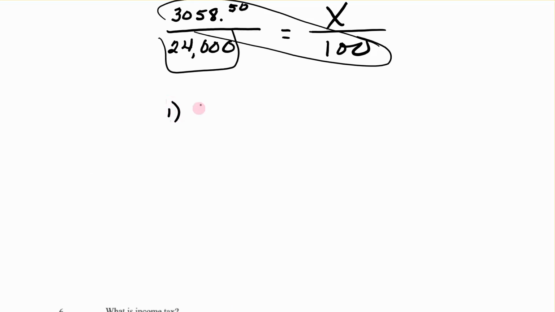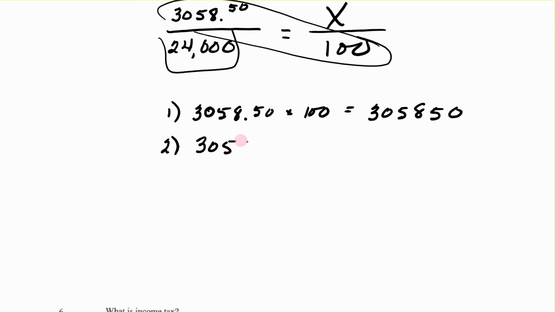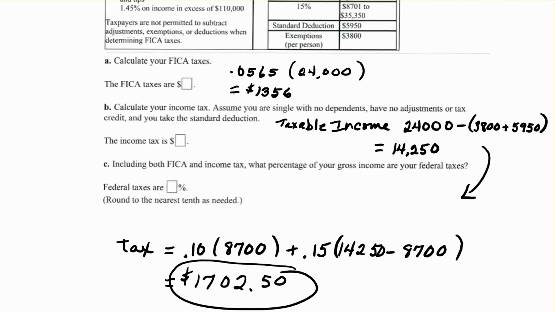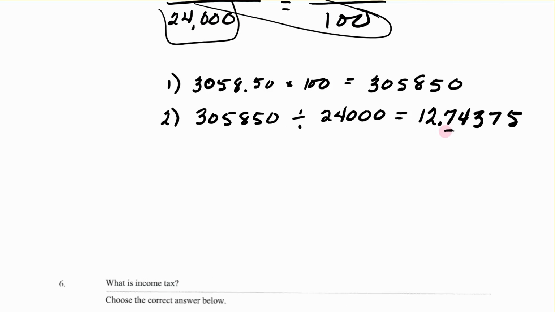So step 1, 3058.50 times 100 gives me 305,850. 305,850 divided by 24,000 gives me 12.74375. The instructions say round to the nearest tenth. That 4 will tell me to call that 12.7%.